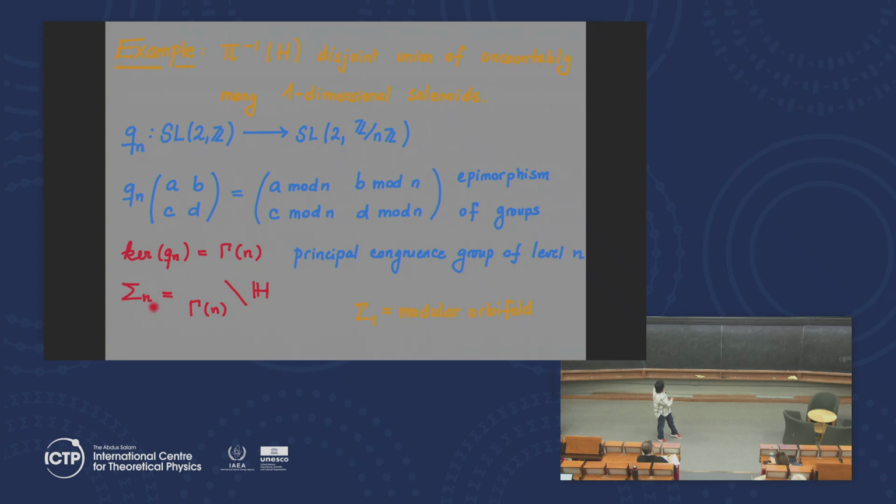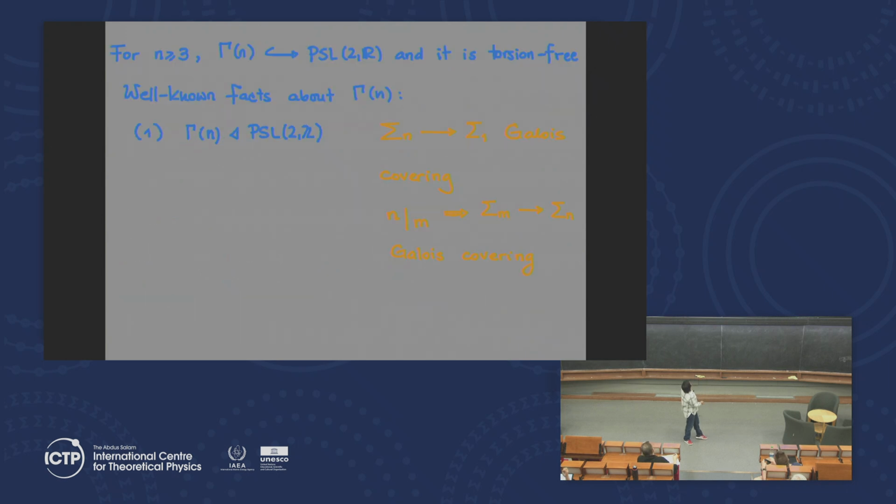So we can consider the hyperbolic surface, which is a quotient of the hyperbolic plane under the action of this Fuchsian group. Sigma 1 will simply be the modular orbifold. These groups can have some elliptic elements, but they don't for n greater than or equal to 3, so the sigma n are surfaces.